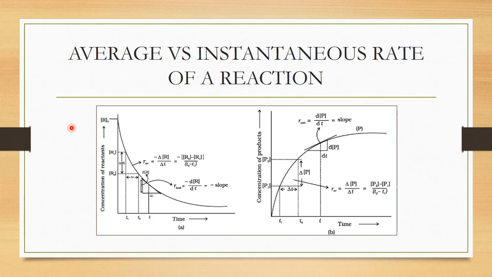So if you take 3 hours to travel a distance of 120 kilometers, then you can say my average speed is 120 divided by 3, meaning 40 kilometers per hour. That will be your average speed.